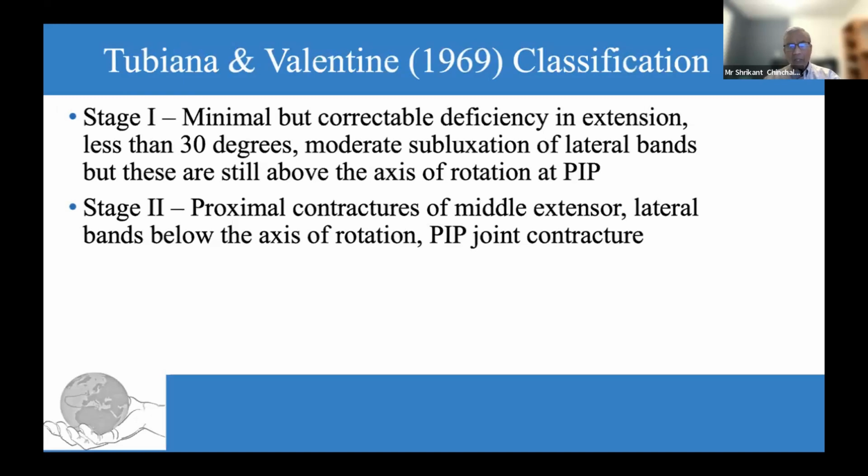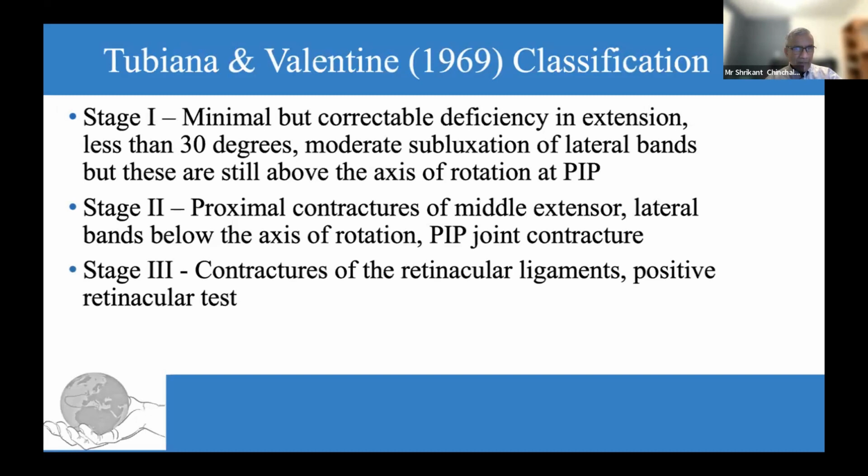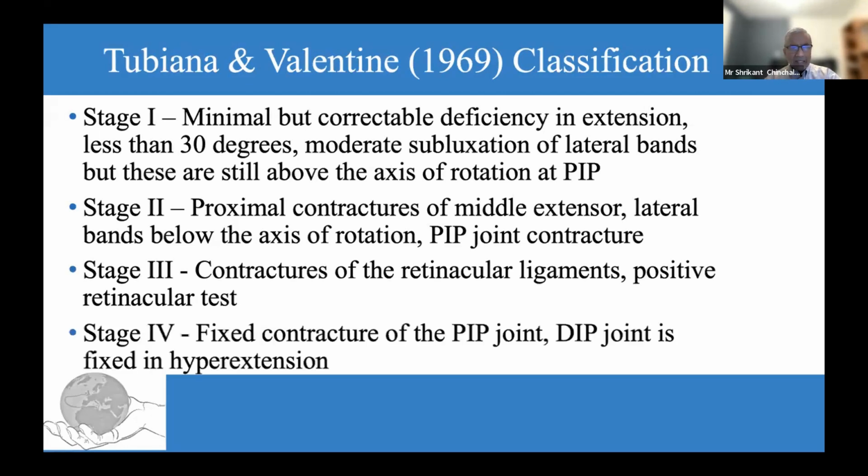In stage 2, they're going to have some contractures of the middle extensors. The lateral bands will remain below the axis of rotation, and patients are likely to have some amount of PIP joint flexion contracture. If the patient is still not managed from a therapy point of view, then they'll progress to stage 3, where they'll have contractures of the retinacular ligaments, with a positive retinacular test.